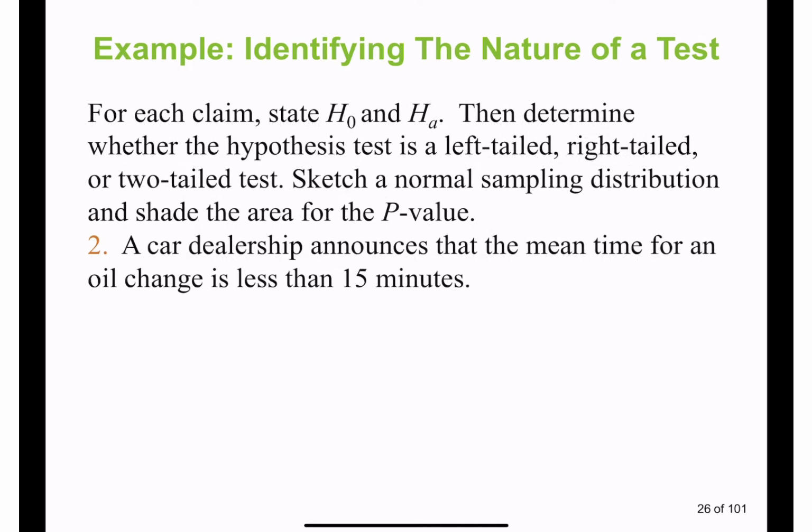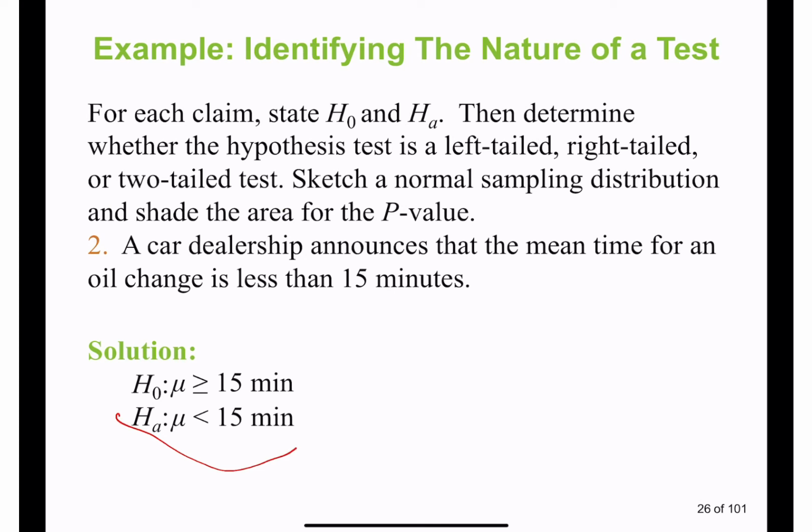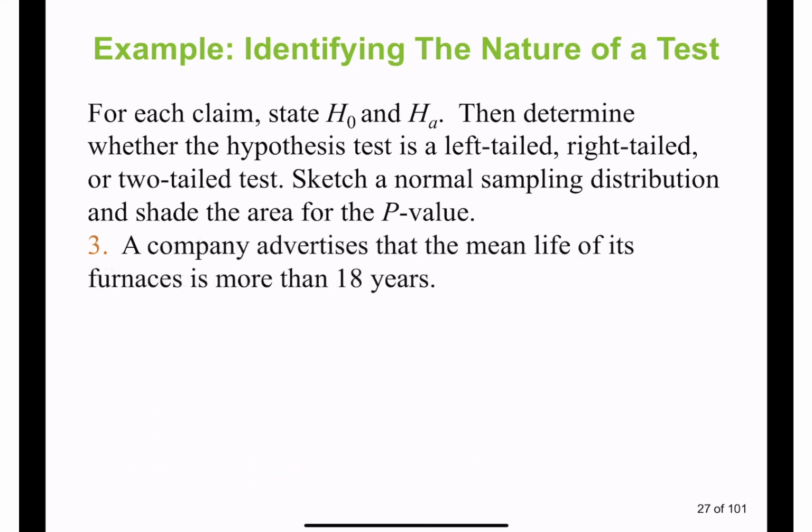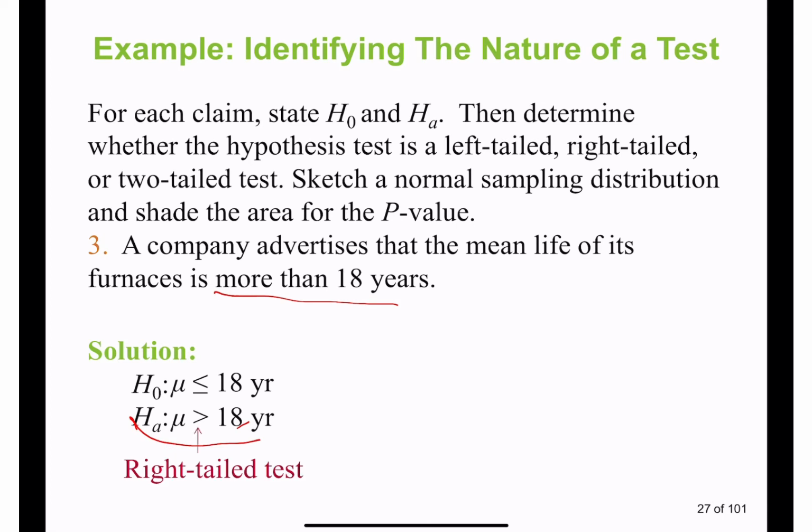Next, the car dealership, we already went through it, it's less than. So the alternative is less than, that means we have a left tail, correct? Again, you look at the alternative. If the alternative is more than, it's going to be right tail. So the p-value will be the permitted error.